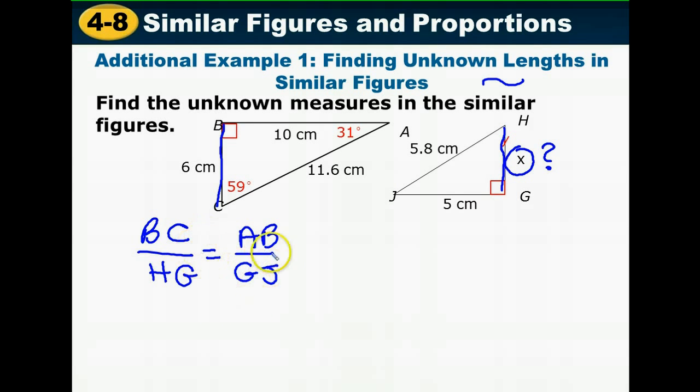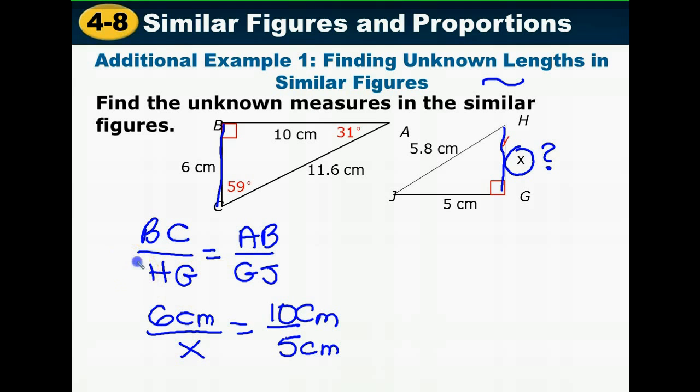Okay, now that I found the corresponding sides, I can plug in their numbers. BC was 6 and HG we do not know, so I'll put an X right here. Now AB is 10 and JG is 5. Now we can find their cross products to solve for the missing value for HG, which is the one we are finding.